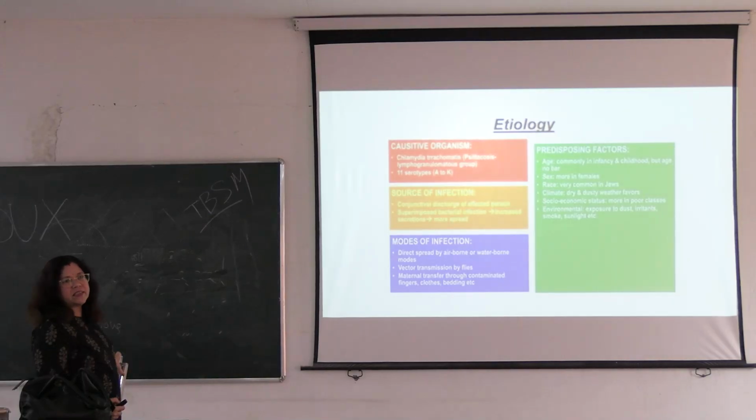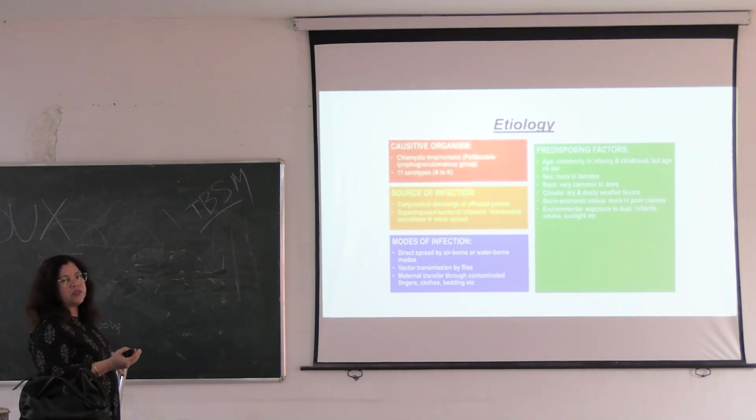Source of infection is conjunctival discharge that spreads from eye to eye, and superimposed secondary bacterial infection causes the severity of the disease, increases the production of discharge and more spread of the disease.